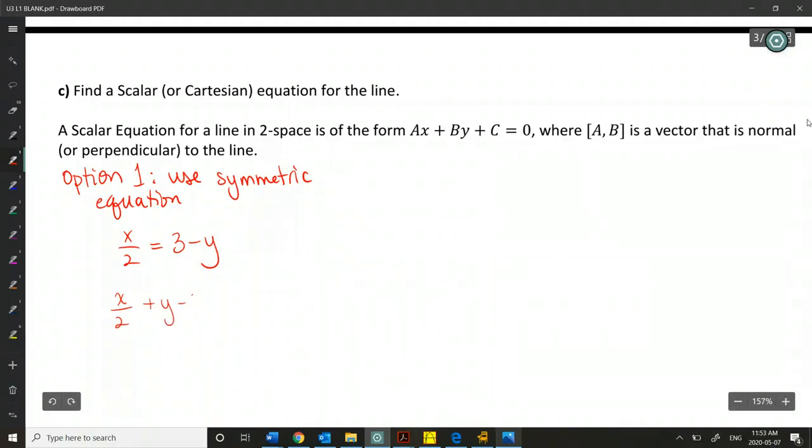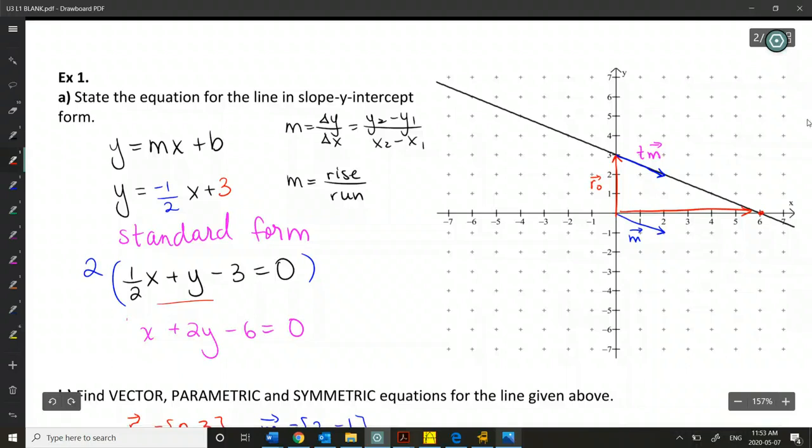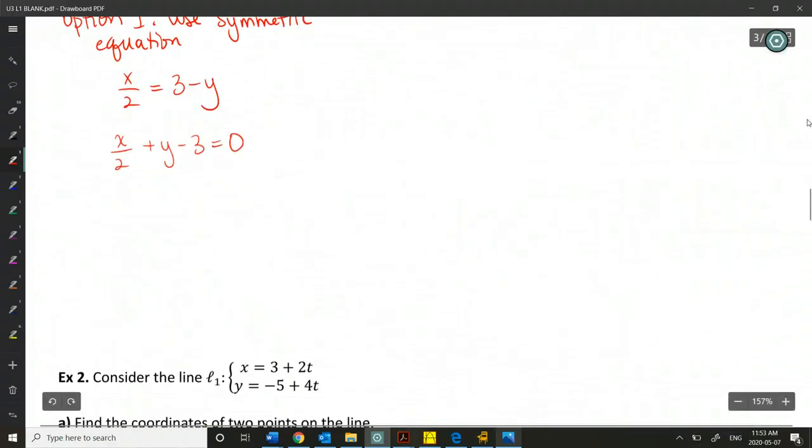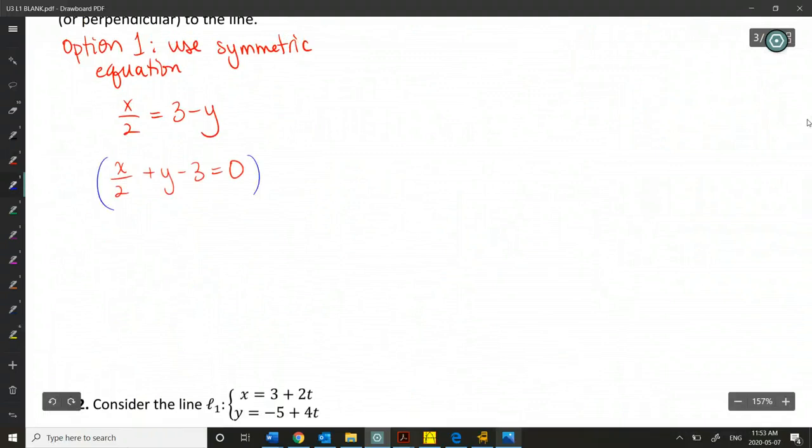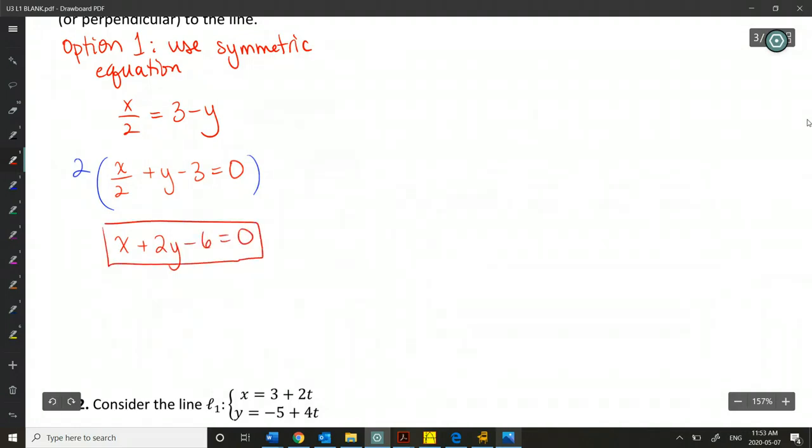So move the y over, move the 3 over, and now you're probably noticing that this is pretty similar to what we had here, and we're simply going to multiply through by 2 just as we did above to eliminate any fractions. So multiply this by 2, then we'll get x plus 2y minus 6 equals 0. So there's option 1, if you happen to have gone that far to find symmetric equations.